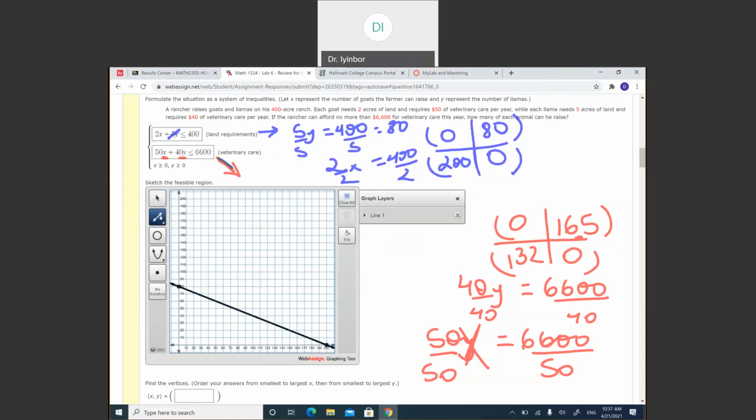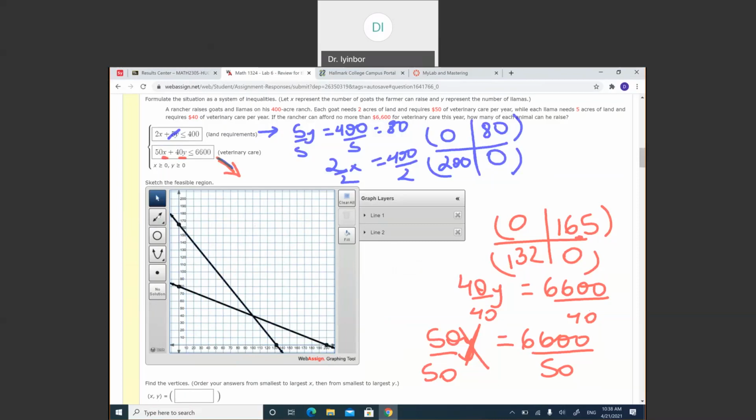I'm going to click here 2 times, and then I have to click at 0, 165, which is here in between. I'm going to fix it, don't worry. And then 132, somewhere here. Now, when you click at line 2, I need to fix the points. I didn't click exactly at 165, so I'm going to go here and correct it, 165. And this is not exactly 132, so I need to change it to 132. So we fixed the points, and that's my correct second line.